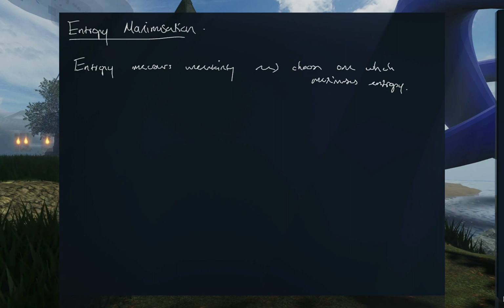In this part of the talk, we're going to talk about finding the maximal entropy distribution in the case that we know the expected value of some function, and the case that we know all our candidate distributions have the same finite support.